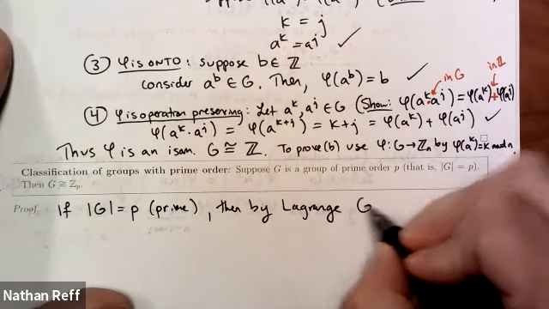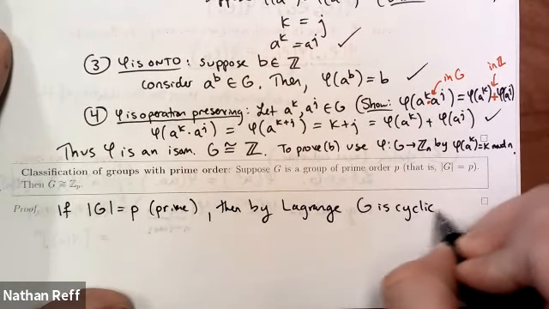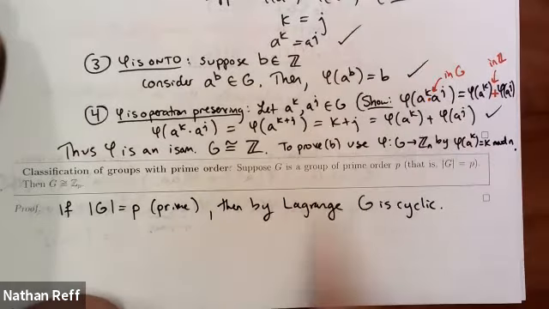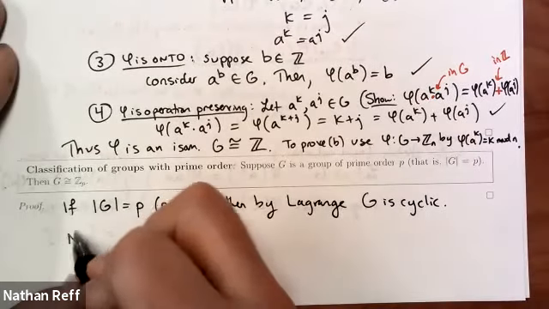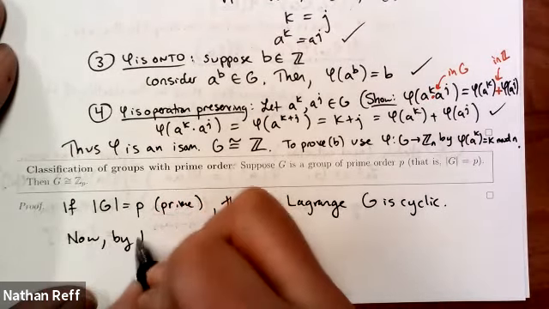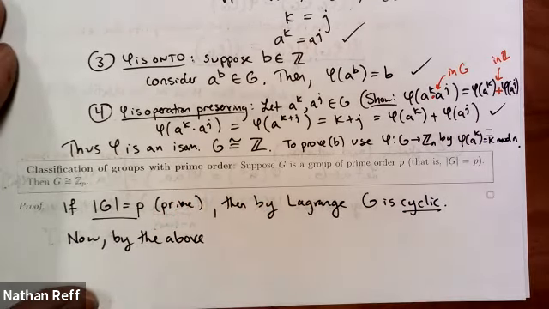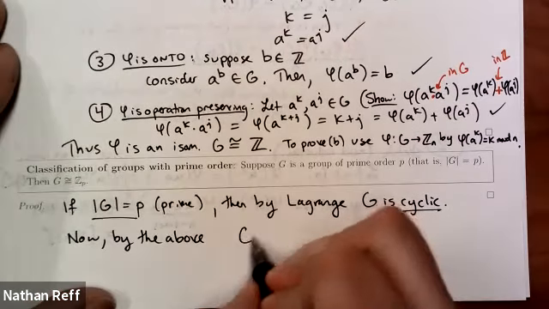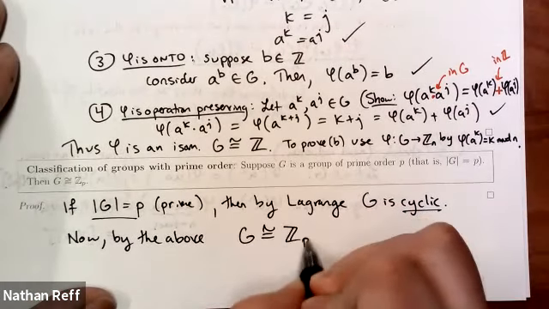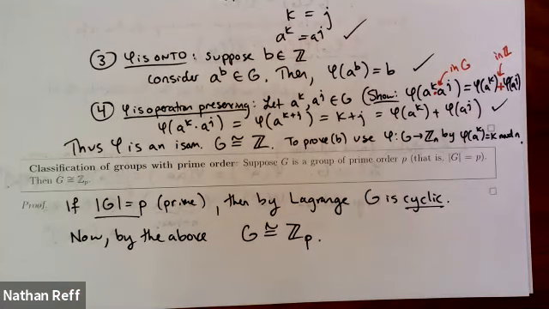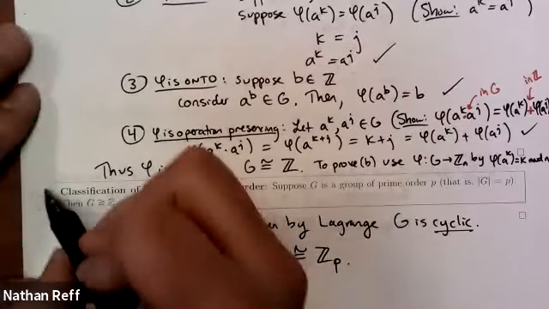By Lagrange, G is cyclic. Okay, and now by B up above, since it's cyclic and the order is prime, I know that it's isomorphic to ZP. See? So that's why I should have actually labeled this. This is actually a corollary.